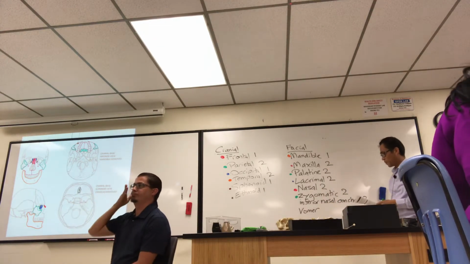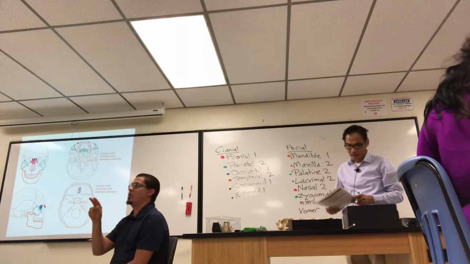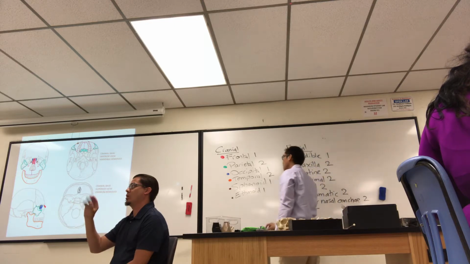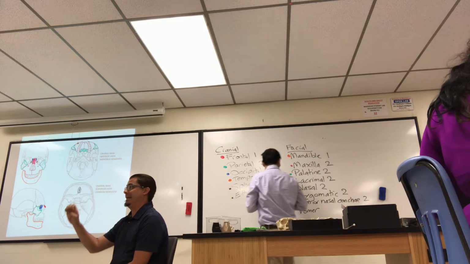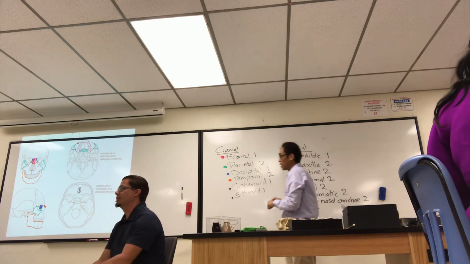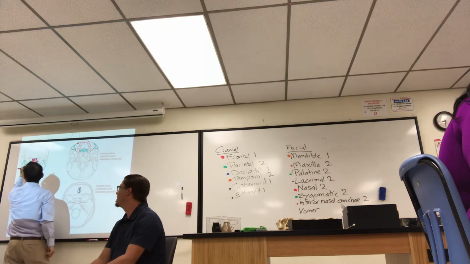Last two, inferior nasal conchae. Look for them on the inside of your nasal cavities. I'll use pink. I'm just going to bubble them in right here on the inside.